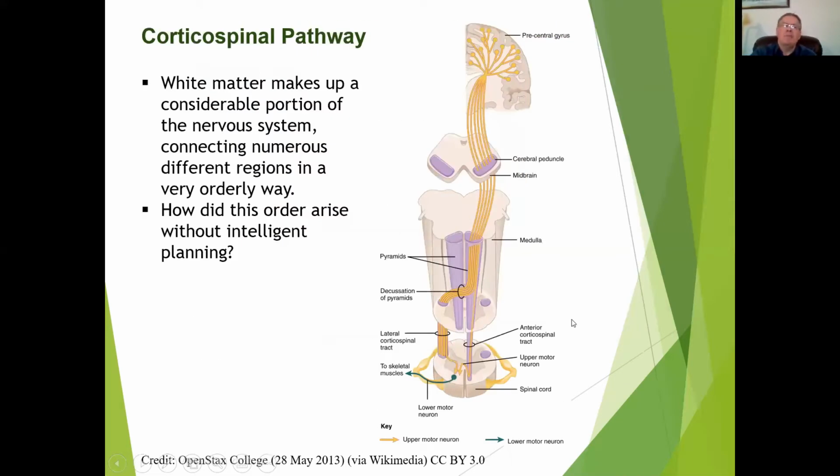Okay. Now, this shows the corticospinal pathway. You have the precentral gyrus, the primary motor cortex, which sends information down through the cerebral peduncles. These are axons, nerve fibers connecting the cerebrum with the brainstem, so there are a lot of nerve fibers here. The information then goes down to the medulla, and these are corticospinal axons.